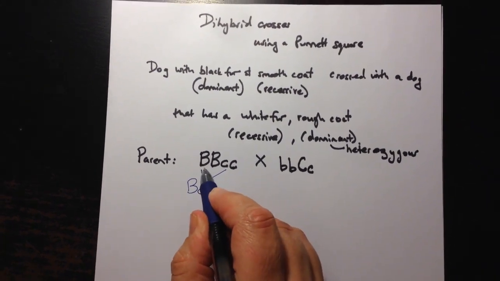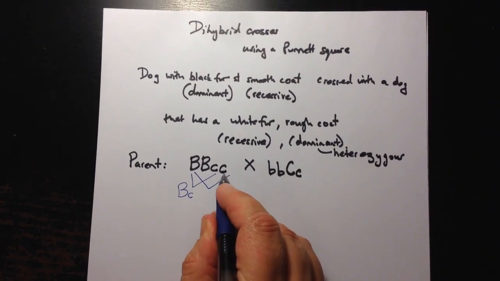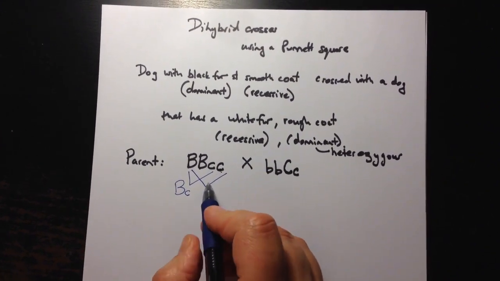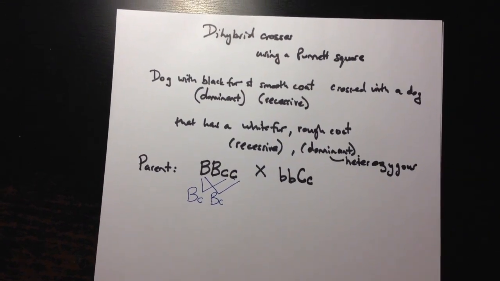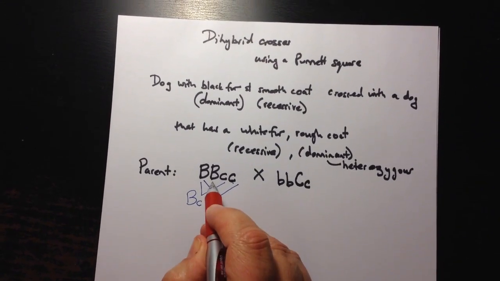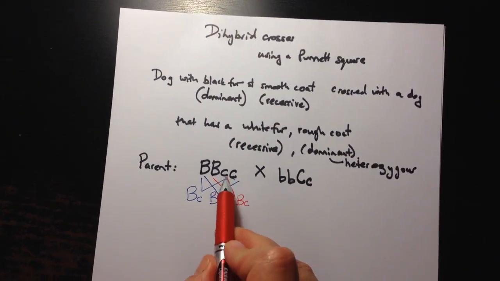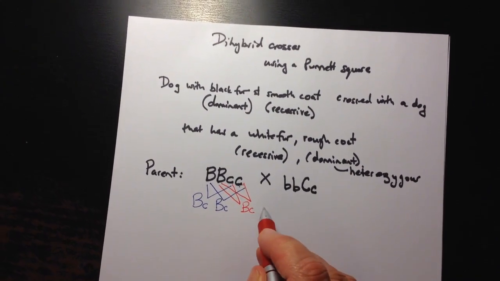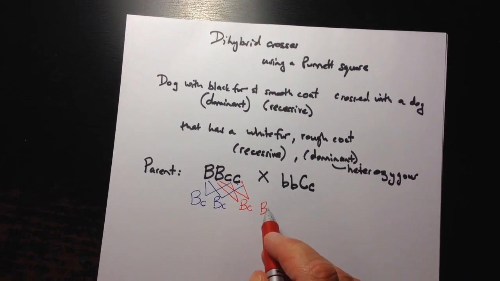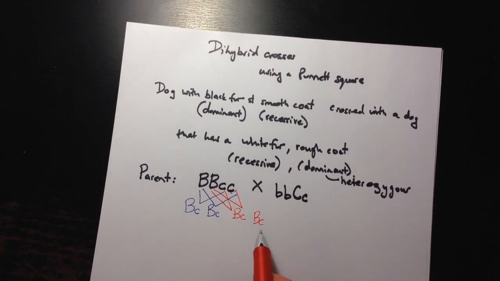Then you take that same big B and you cross it with the second of that genotype pair there, and you have a big B, little c. Let me take another color. You take the second big B, combine it with that big C, and then you take this big B and that little c. So you'll see in this case, all the gametes are going to be the same.